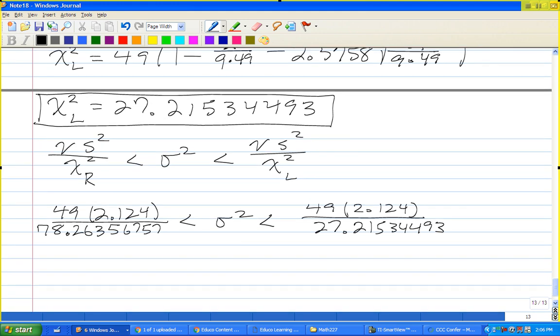If you plug that into your calculator, you get 1.329814 and 3.824166.